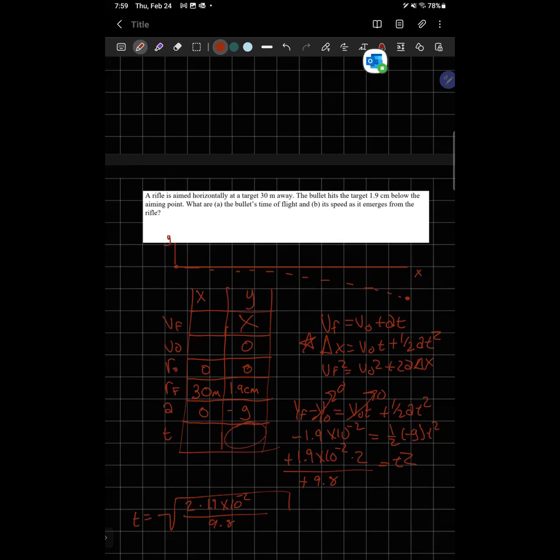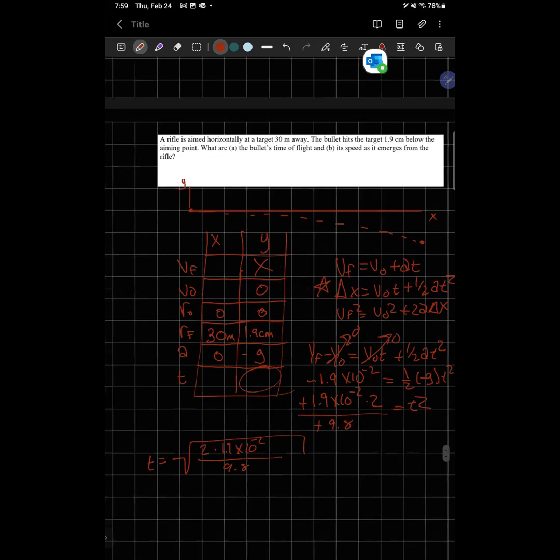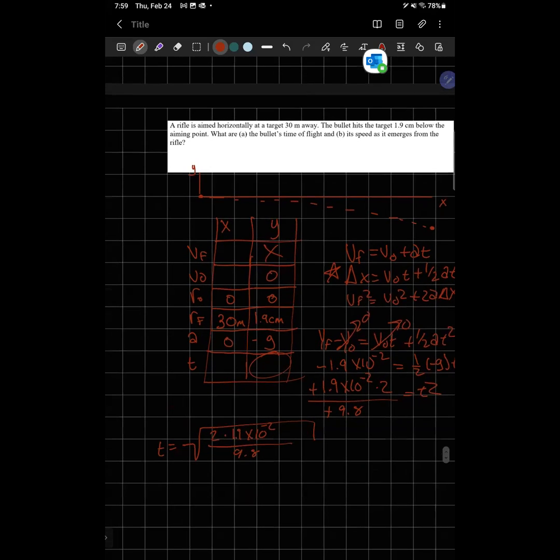Whenever you take a square root, there's two answers, a positive and a negative, but with time, I obviously want the positive. As far as we know, there's no going backwards in time. After you put that in, you should get somewhere along the lines of 6.2 times 10 to the -2 seconds.